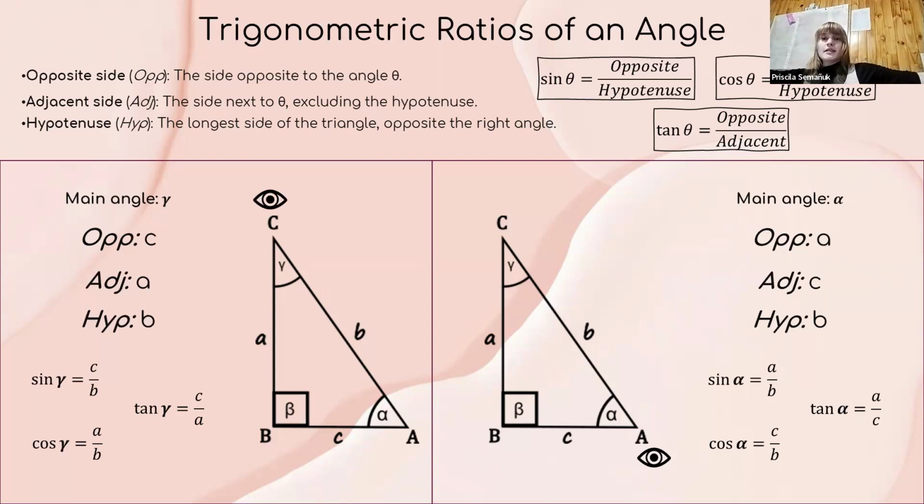And the adjacent will be the one that I'm touching. In this case, if I'm standing here in the C, my adjacent will be A. I will be touching A. That means my hypotenuse will be B, okay? That is if I'm standing here in the eye.